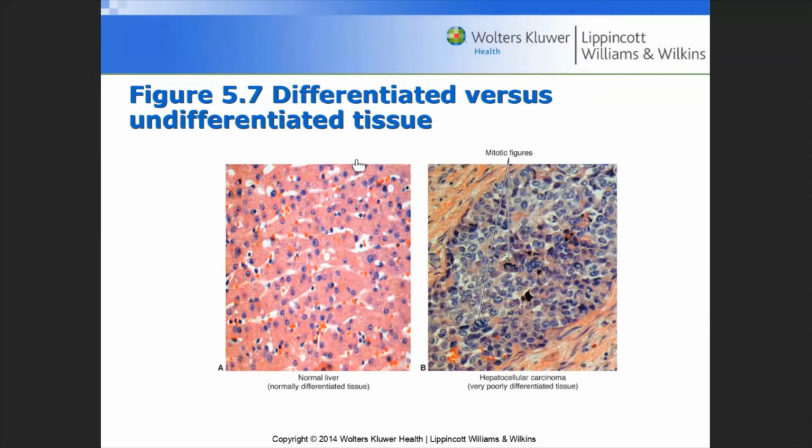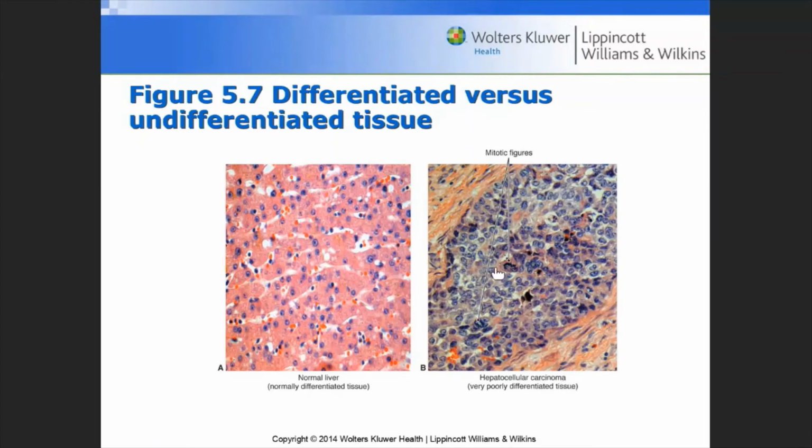All right, differentiated versus undifferentiated. Here is the normal hepatocyte within the liver, right? They form these kinds of leaflets where here's a sinusoid. These are differentiated, kind of large cells. On the other hand, if you look at the lesion called hepatocellular carcinoma, that is very aggressive, potentially going to a metastatic site.